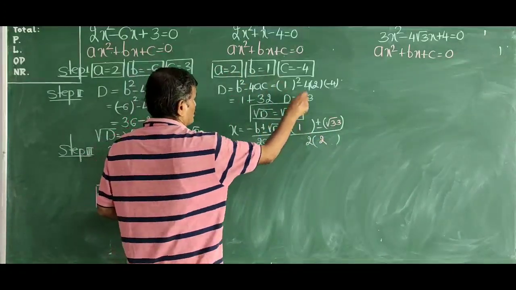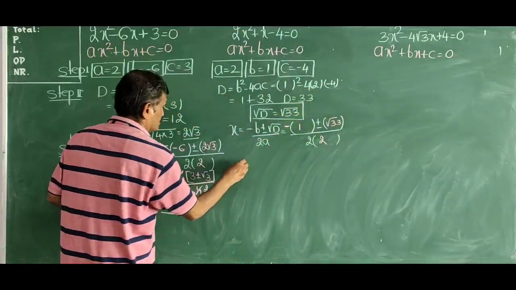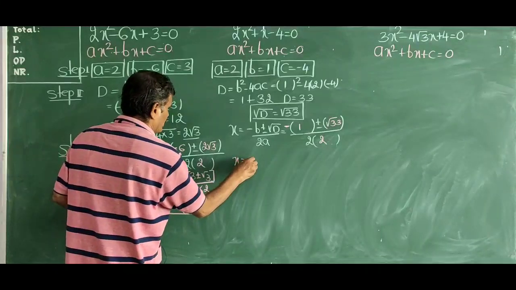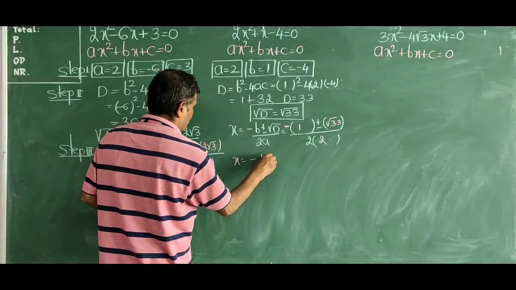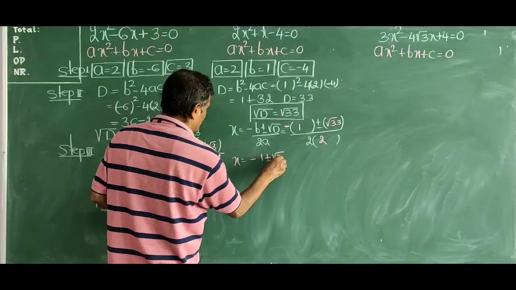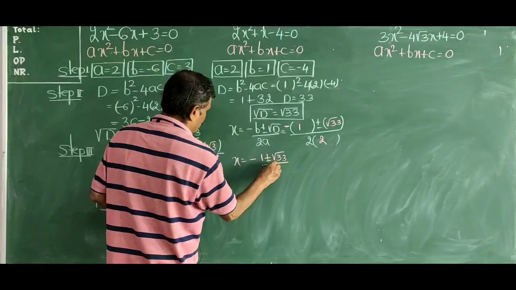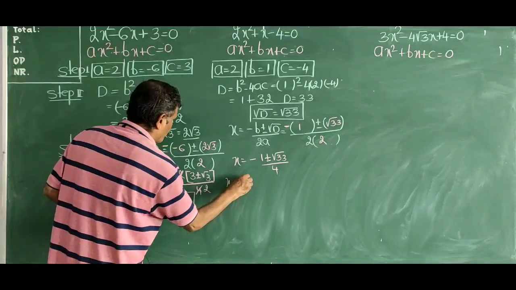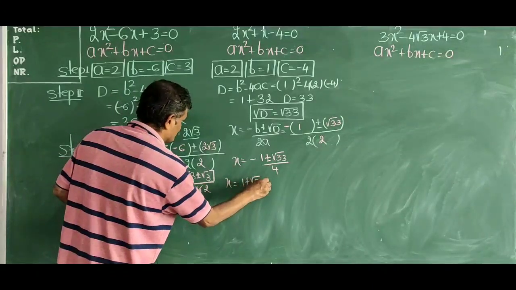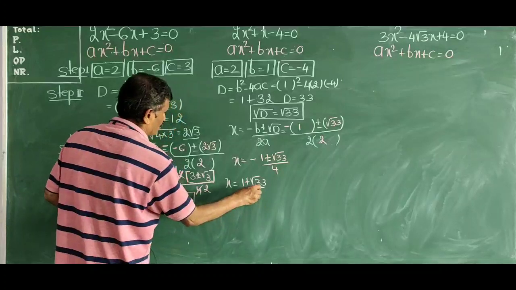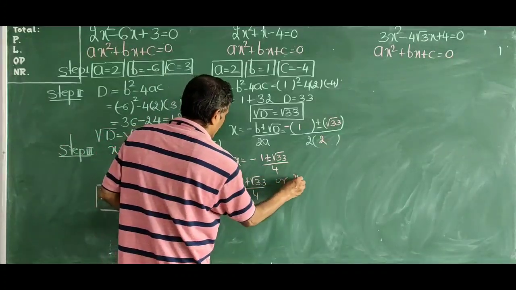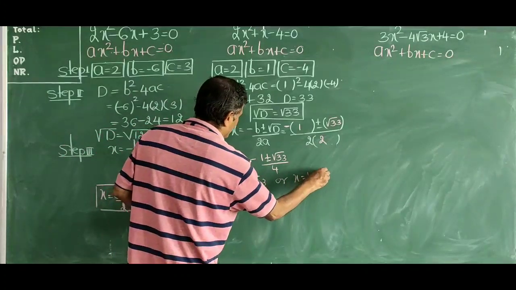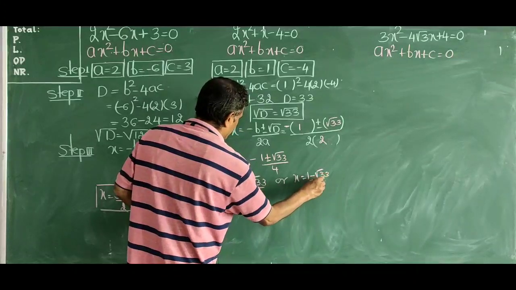So x is equal to minus 1 plus or minus root 33 divided by 4. That means x is equal to minus 1 plus root 33 by 4 or x is equal to minus 1 minus root 33 divided by 4.